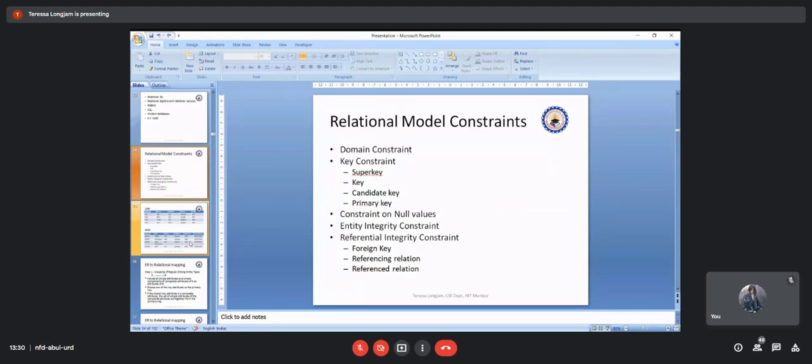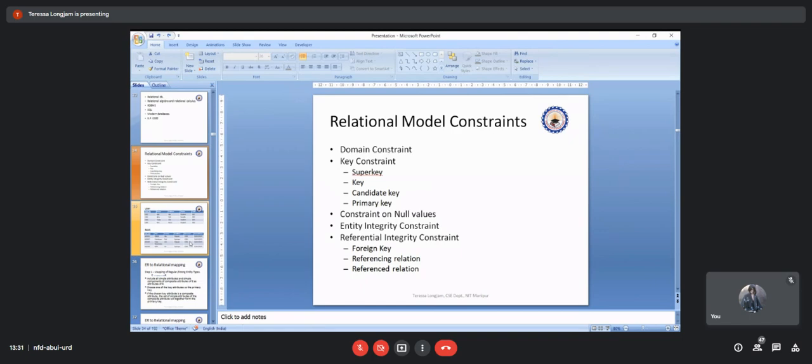Now let us see the relational model constraints. There are many constraints. Constraints are restrictions, isn't it? So if we are using a relational model, we can also define some restrictions on our models. The first one is the domain constraint. We already know domain, isn't it?